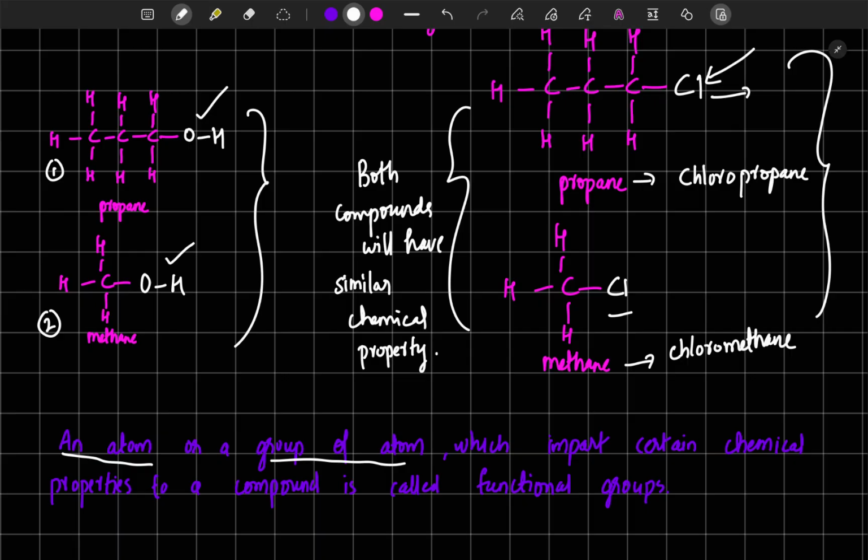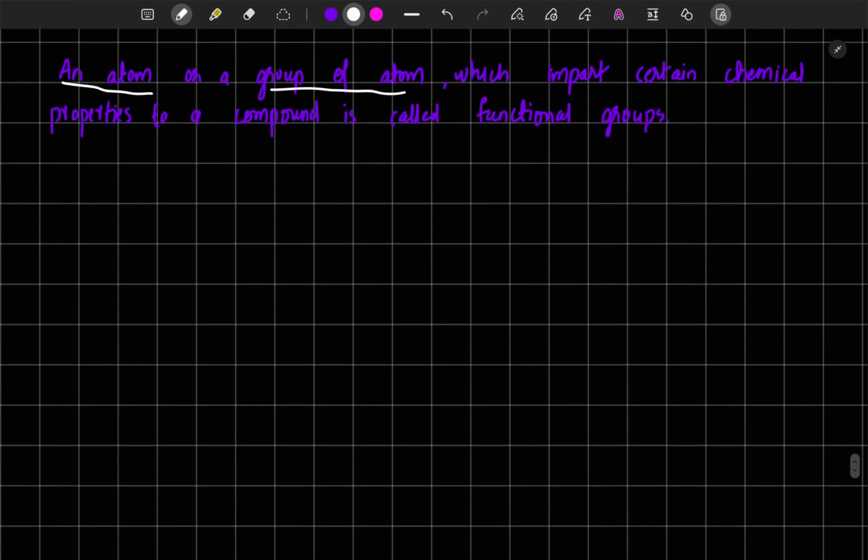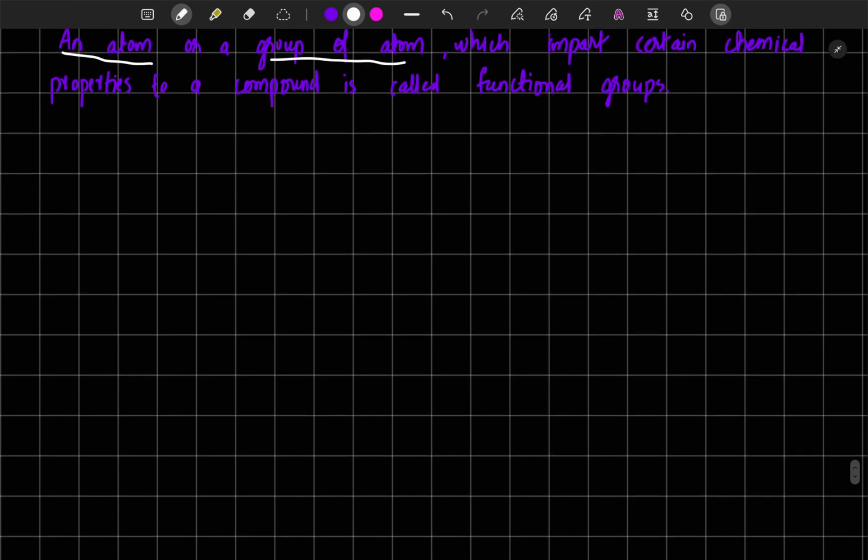Now in the remaining part of this video, we will see some of the important functional groups. So I'll write here, functional groups. First we can talk about halogen functional groups, or we can also say halo functional groups.